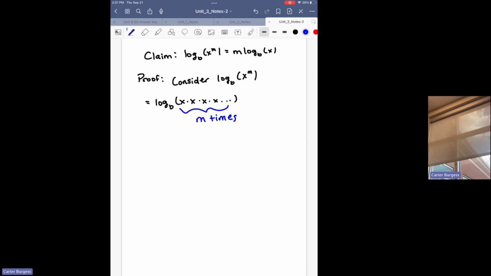Which means the inside of my logarithm is what? It's a product. And so what can I do here if the inside of my logarithm is a product? Product rule. We're going to break it apart. We're going to add them all together. When I break it apart, what do each of my pieces look like?